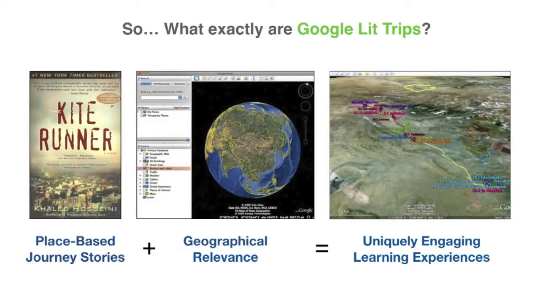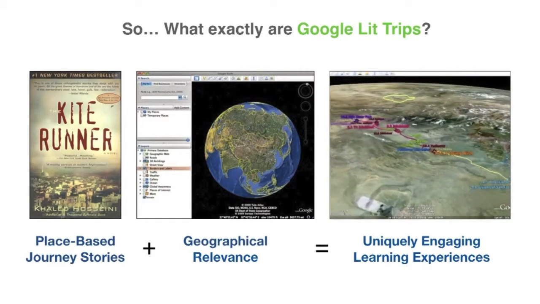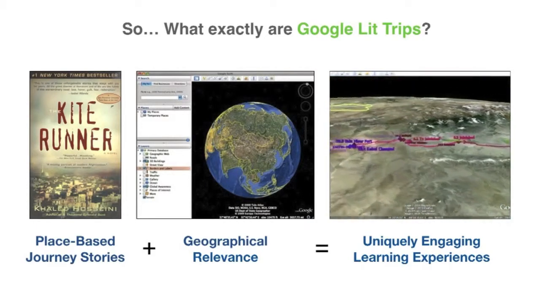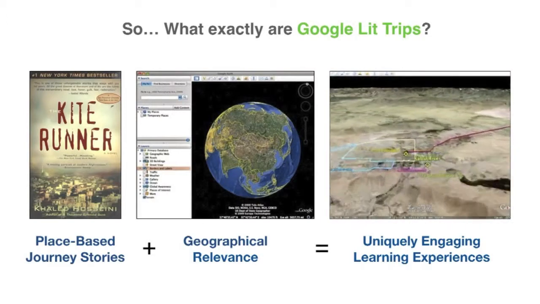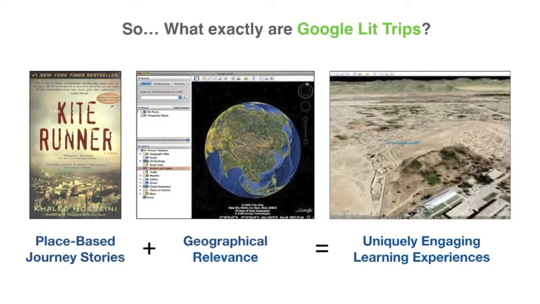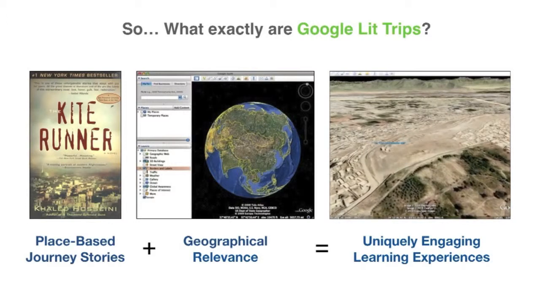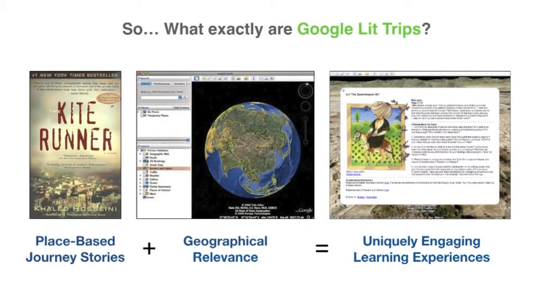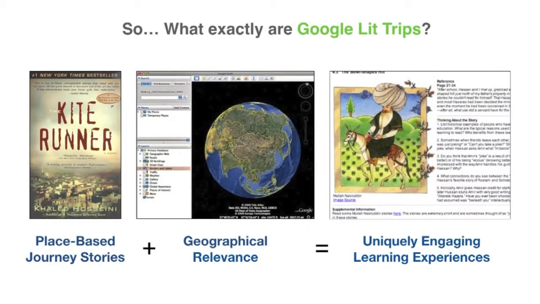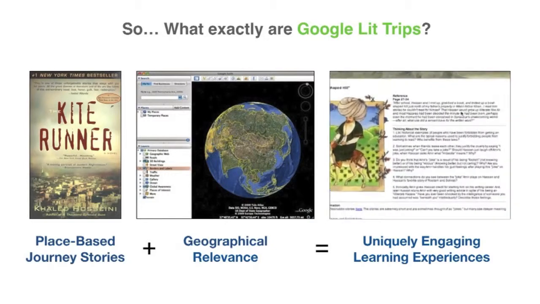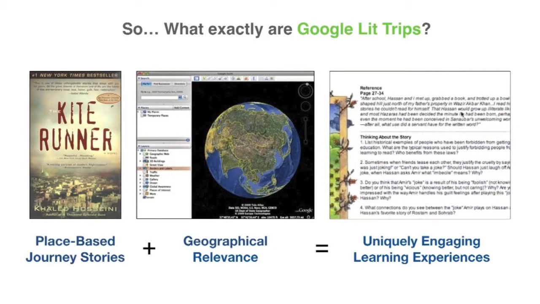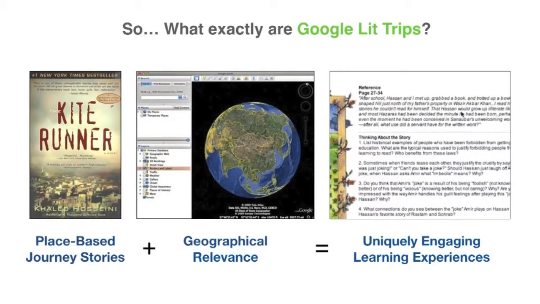As readers travel along with the story's characters, they find themselves seeing the setting almost as though they were there. They see, as in this example from The Kite Runner, the bowl-shaped hill where the main characters reveal much about their relationship as defined by Afghan tradition. The pop-up windows generally include some combination of the following engaging content: images, video, and/or audio clips relating to the storyline; specific references from the story touching upon significant themes being developed.